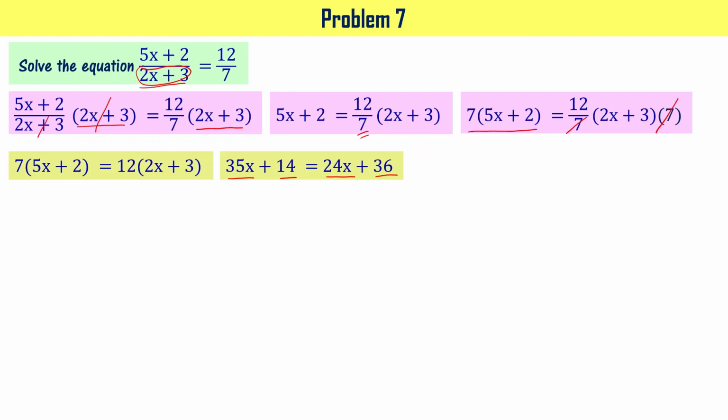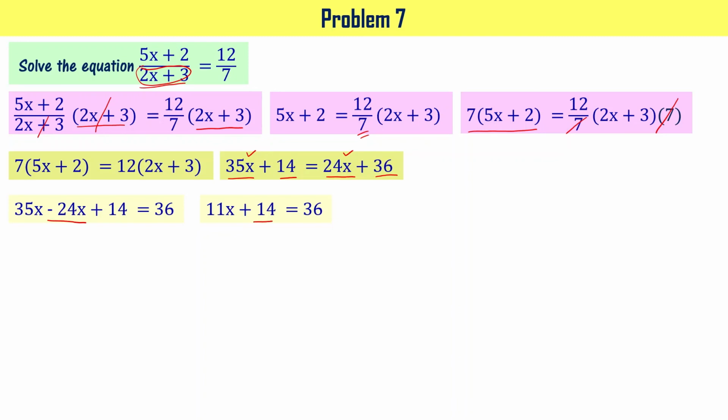This is a linear equation in one variable, but the variable is on both the sides. We know how to solve this equation, right? Let us quickly solve this. I'm transposing my 24x onto the other side, so it has become minus 24x. 35x minus 24x is 11x plus 14 equal to 36.